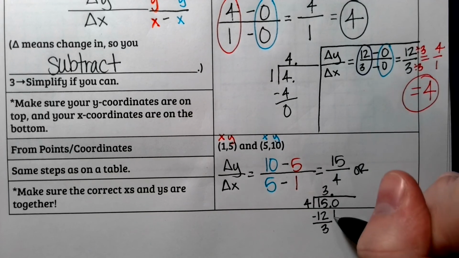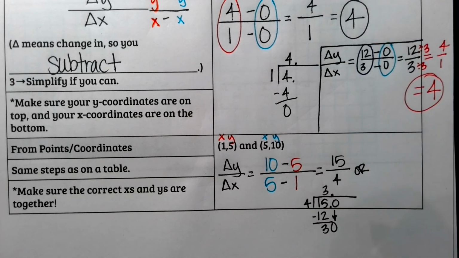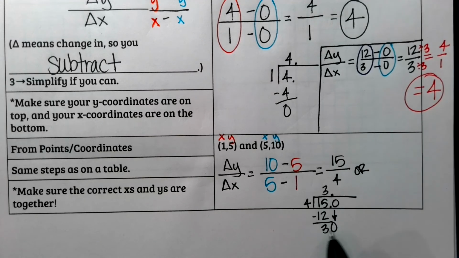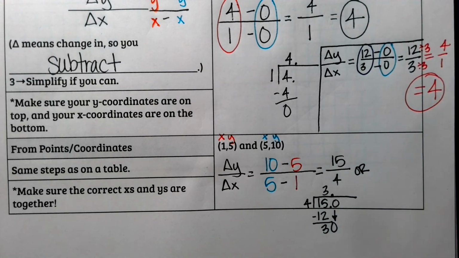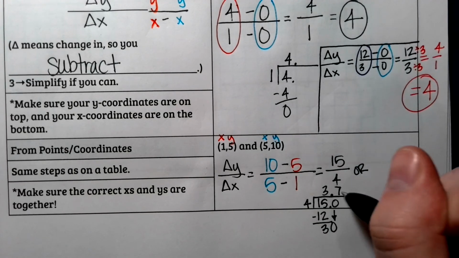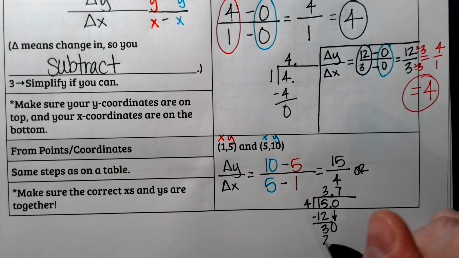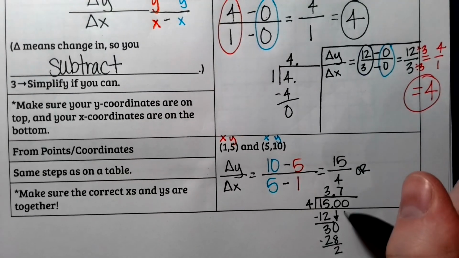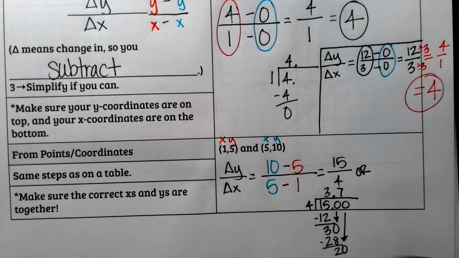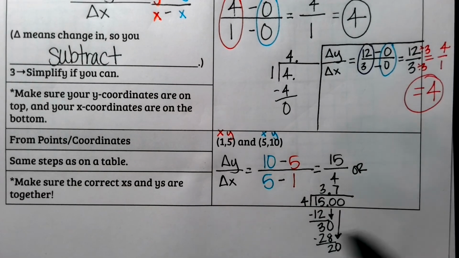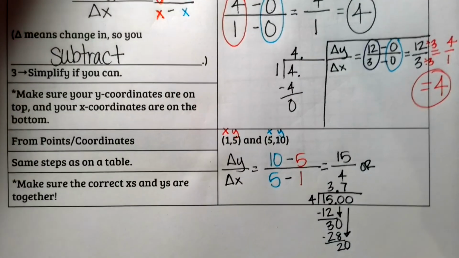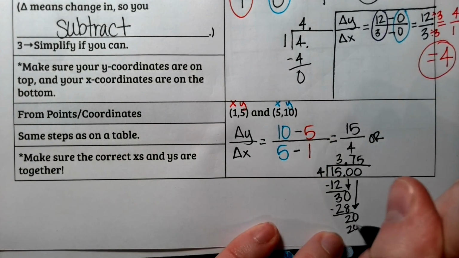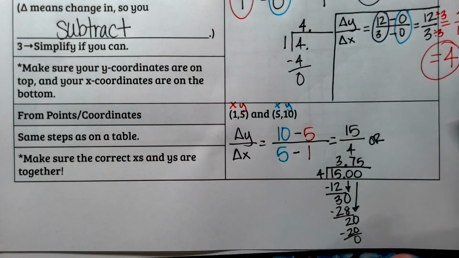Put in that decimal, bring down a 0. How many times does 4 go into 30? 7. So we get 28. Subtract, bring down another 0. How many times does 4 go into 20? 5 times.